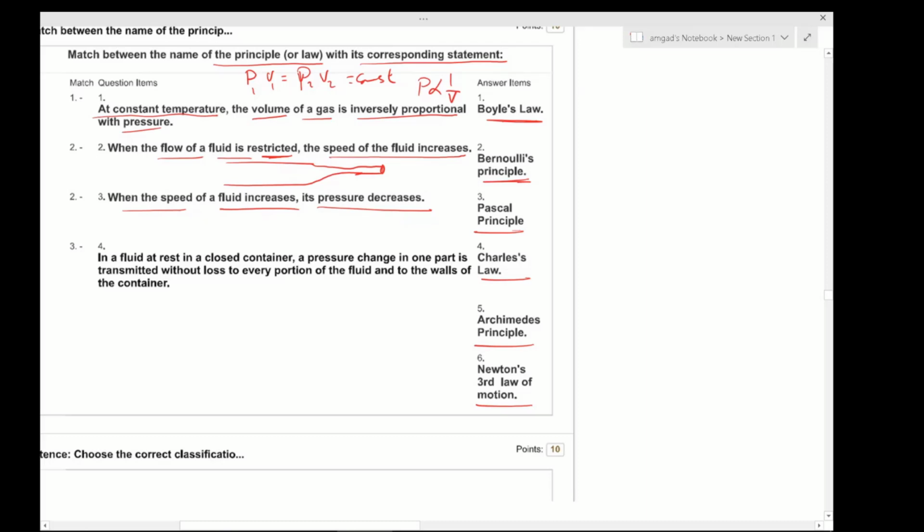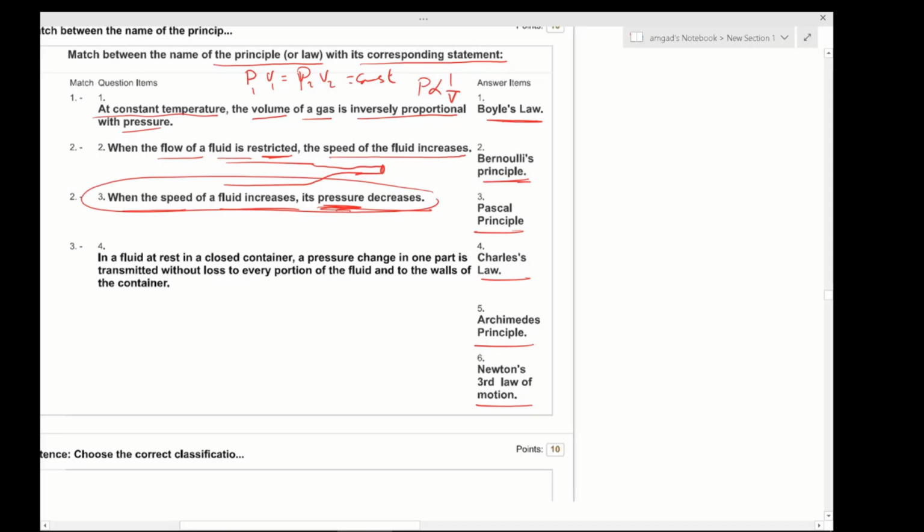So when the pressure here, it speaks about pressure, but it has nothing to do with the speed. This should be Bernoulli.